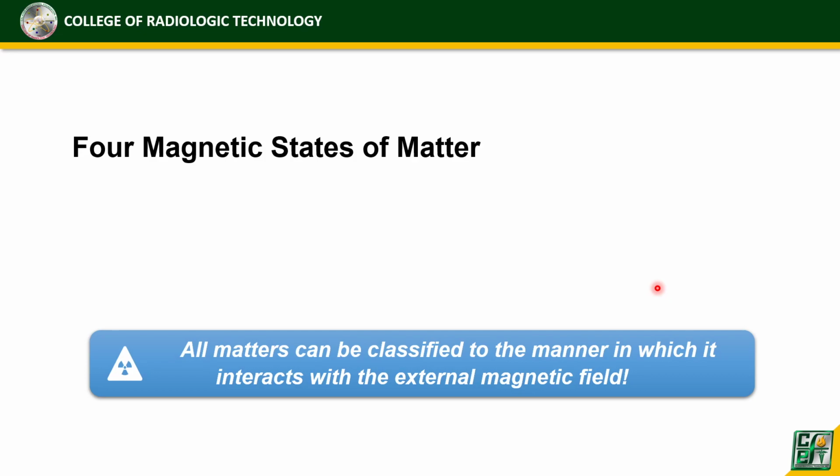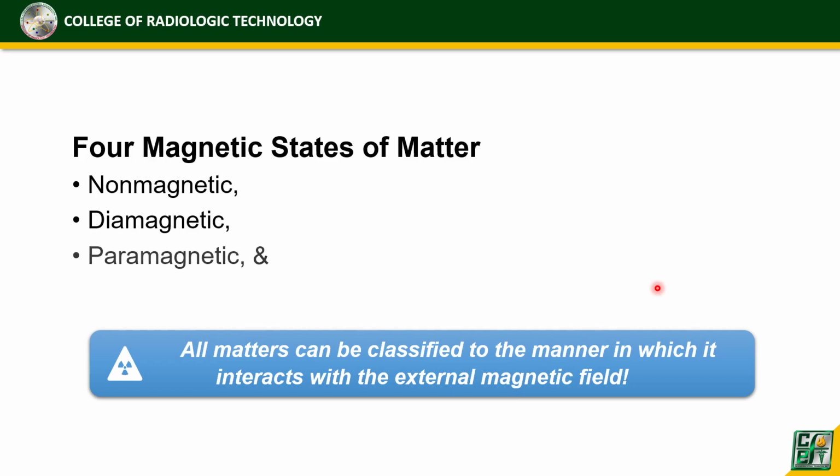So katulad ng electricity na meron siyang four electric states of matter, meron din four magnetic states of matter. So ano tong four magnetic states of matter? So yan na yung non-magnetic, diamagnetic, paramagnetic, and of course, we have the ferromagnetic.